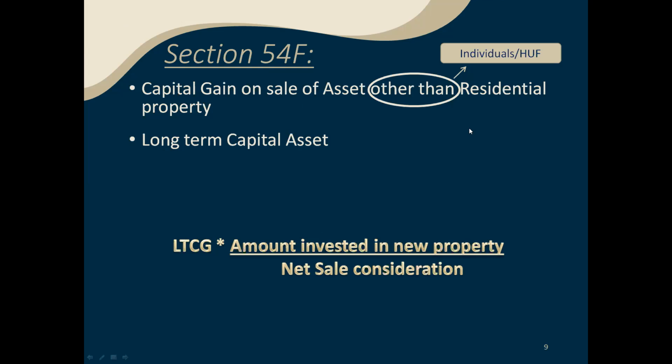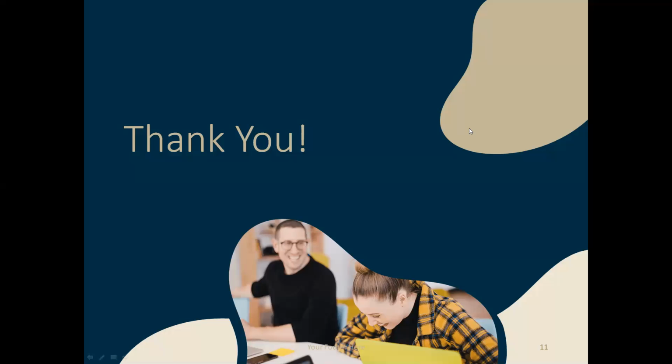So, summing up the entire discussion. There are two kinds of exemptions available. One is under section 10, the other is under section 54. If we take section 10, only two kinds of deductions are available: sale of unit and compulsory acquisition of rural agricultural land.